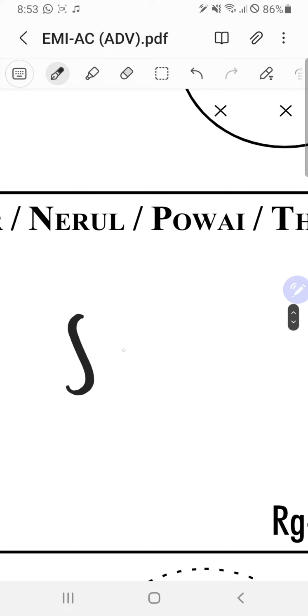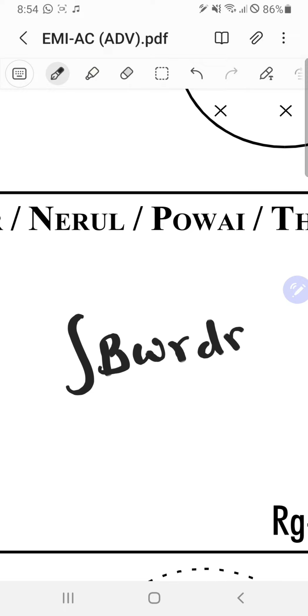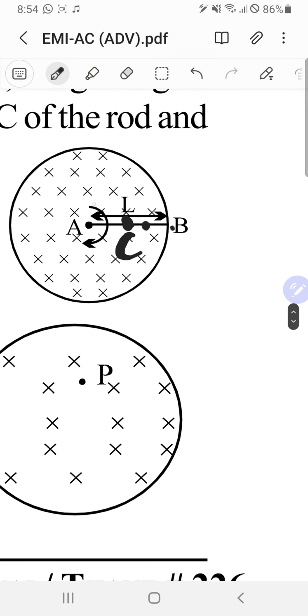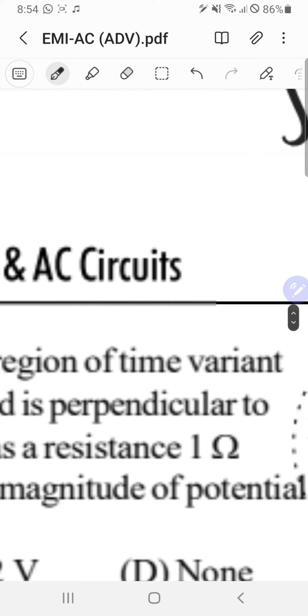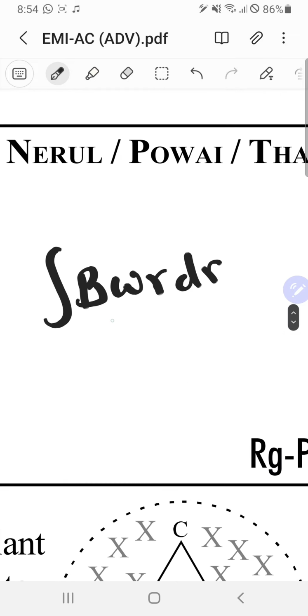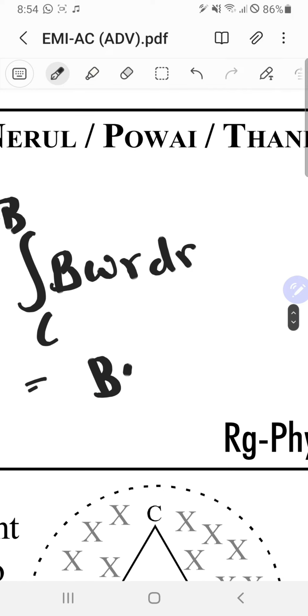Our field is what? B times v, which is b omega r, and then dr. These should be vectors, right? But you get it that right now r can also be thought of as just a quantity, scalar, right? And I should say from C to B. So that will be b omega r squared by 2, and goes from what to what?